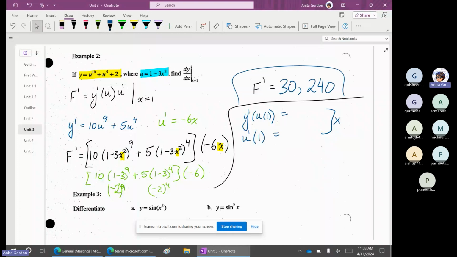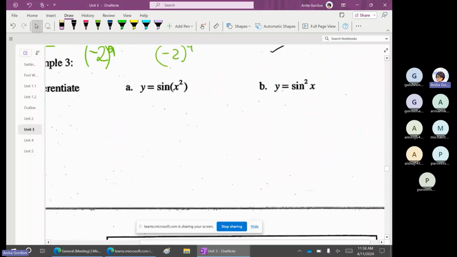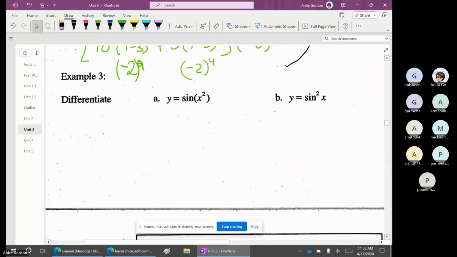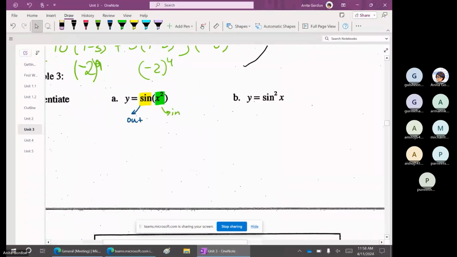Okay. Example 3. What is the outside function? Sine x is the outside function. X squared is the inside function. So this is in, this is out. What about part B?